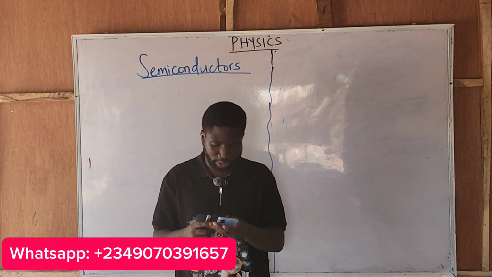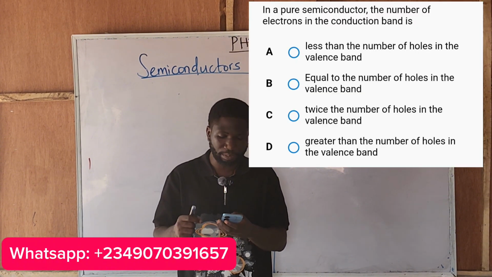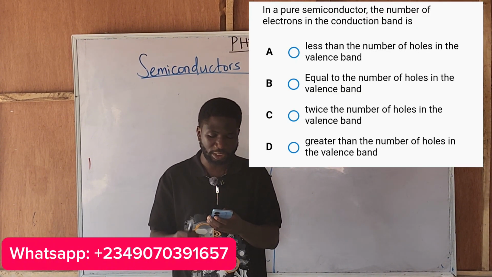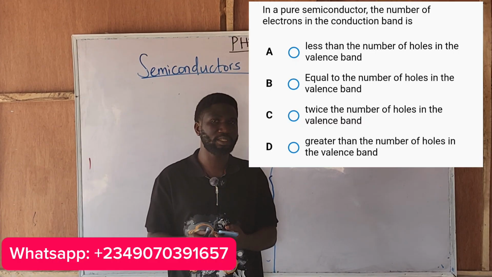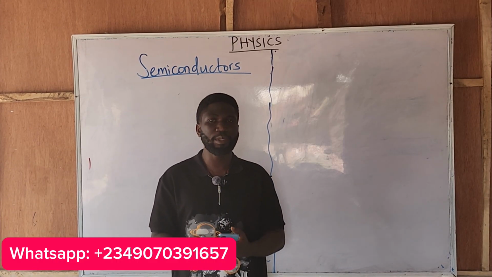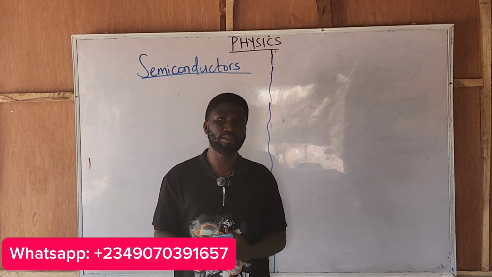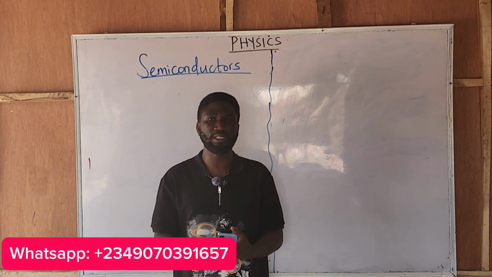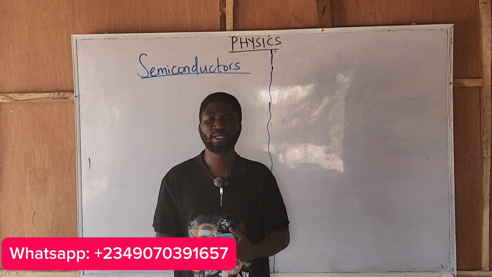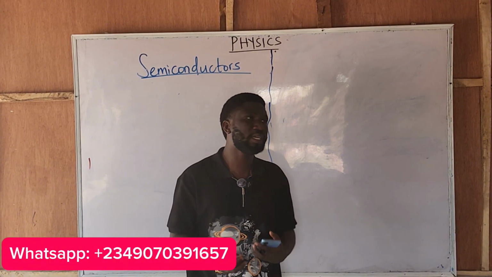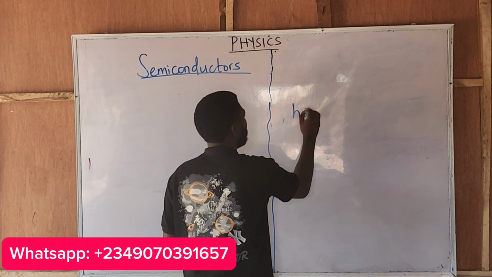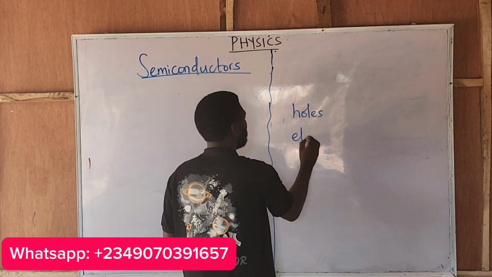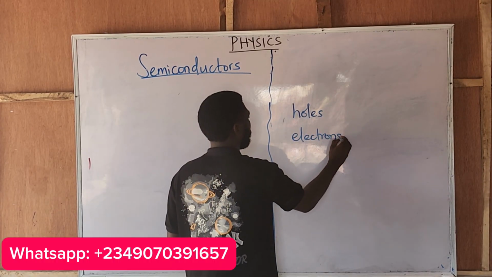Alright, so question 2 says, in a pure semiconductor, the number of electrons in the conduction band is dash. For a semiconductor, like I said earlier, it could be silicon, it could be germanium. So they have two carriers. Their carriers are known to be holes as well as electrons.